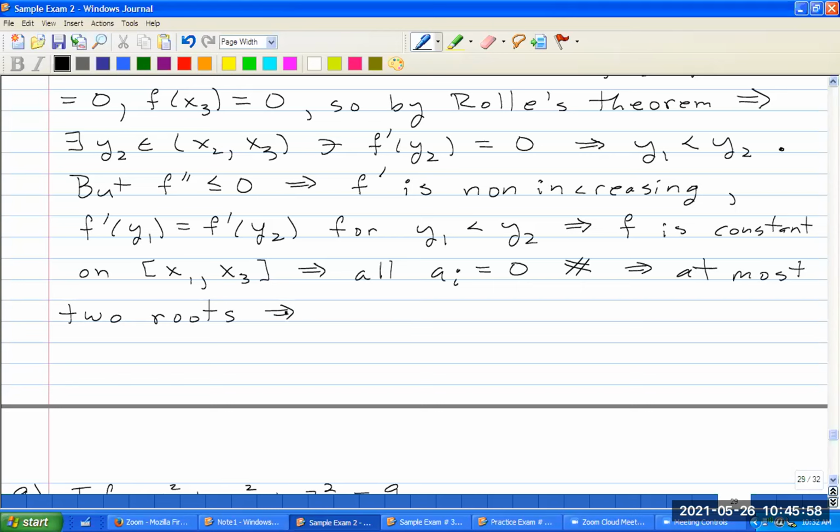One of them is 0, because I know f of 0 is 0. So they're at most 1 non-zero root. And that's what you wanted to show.